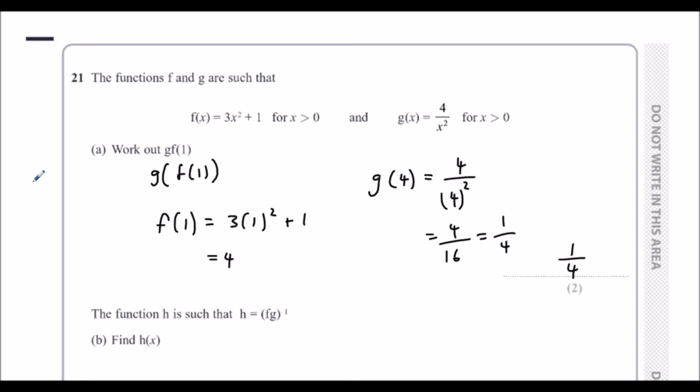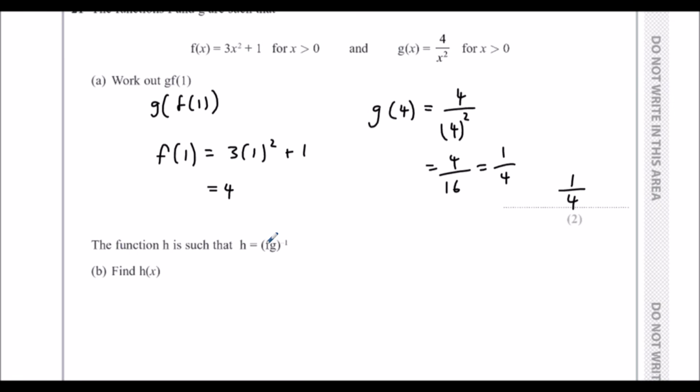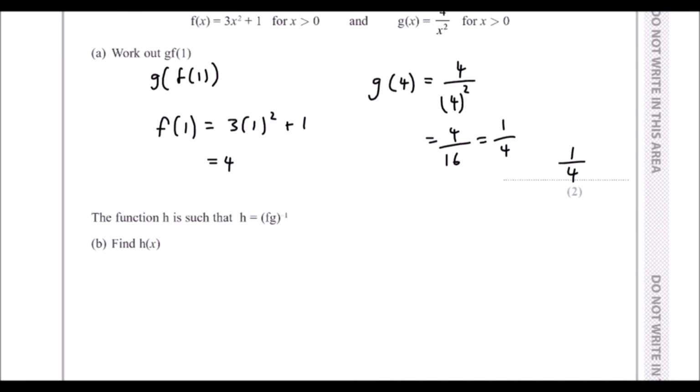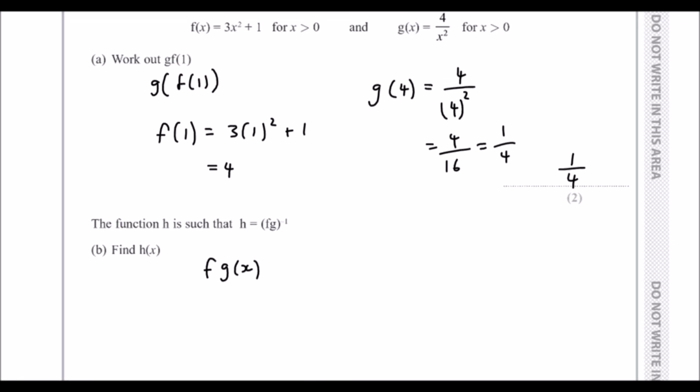The function h is the inverse of fg. So fg minus 1. The inverse function of fg. So the inverse function is the function that goes backwards, the opposite function. So let's work out what fg of x is first. fg of x means we're putting the g function into the f function.